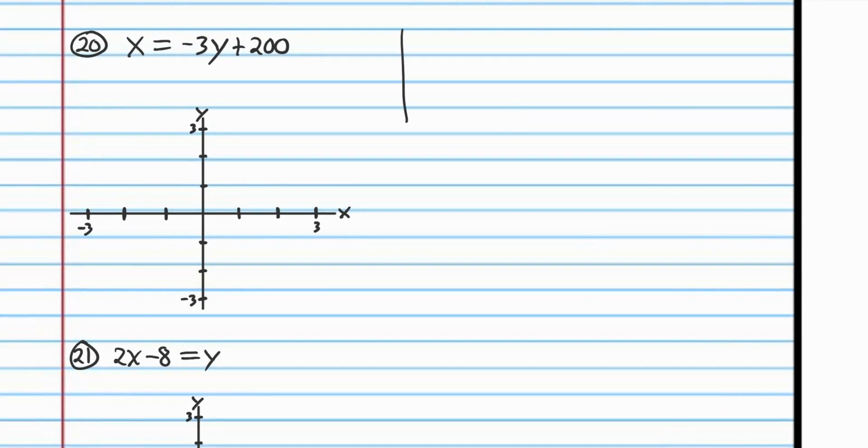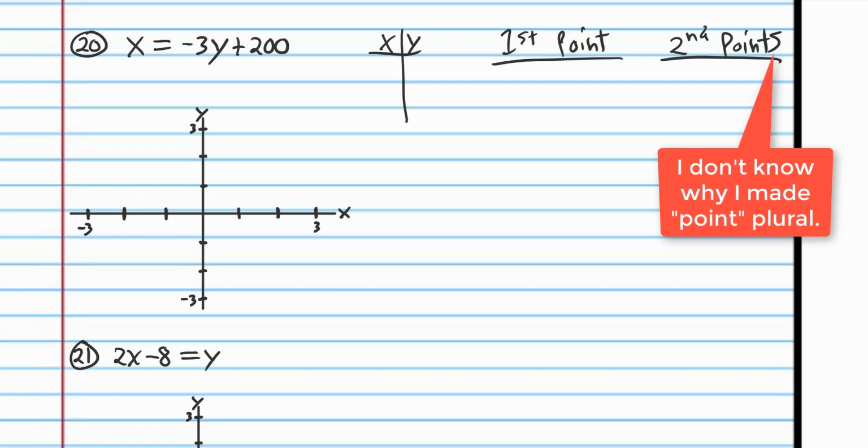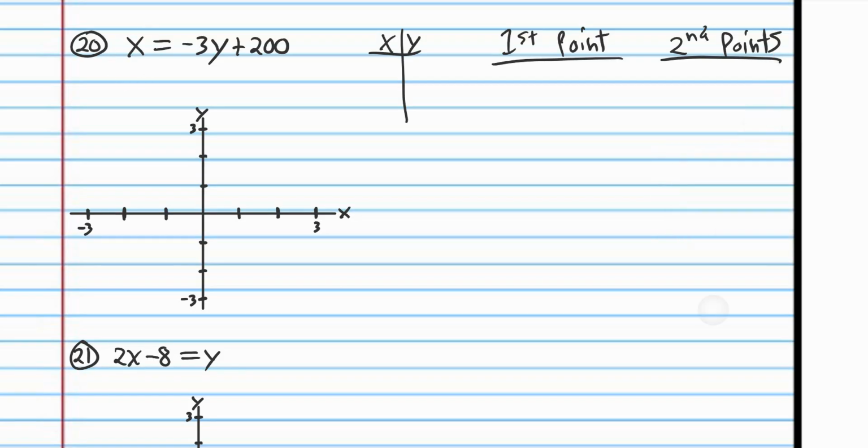All right, we're back. So again, we need to graph 2 points, and then we're going to connect the dots. That's how you do all this stuff. That's how you graph lines. So now x is isolated in this problem. So now it would be better to plug in y first. It just makes it easier.